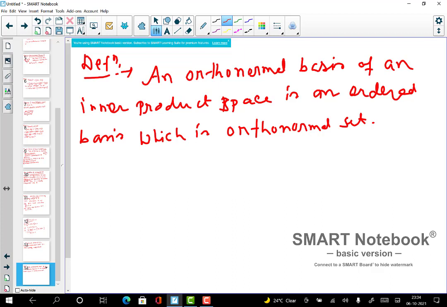So maybe we can give some examples. You start with R2, and you check that the standard basis, say (1,0) and (0,1), is always orthonormal.